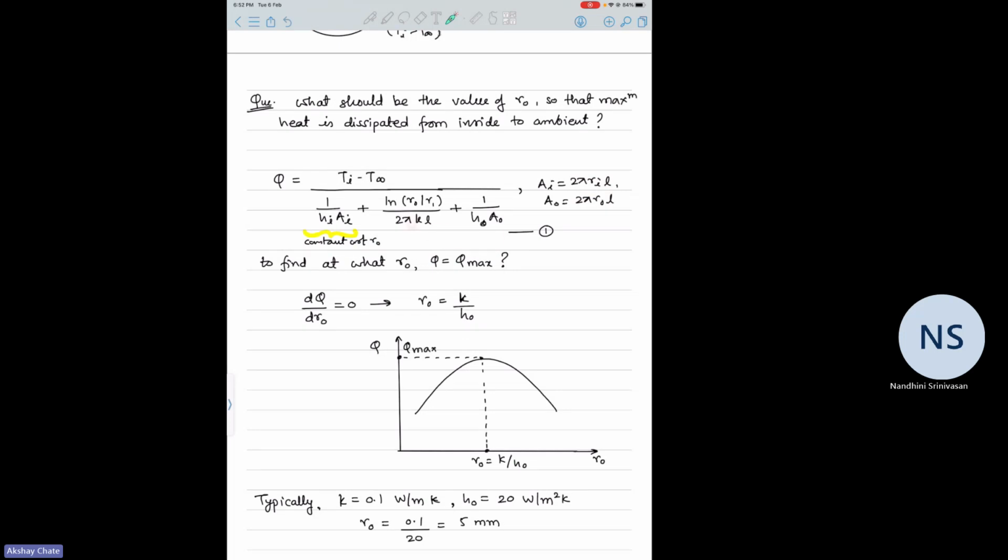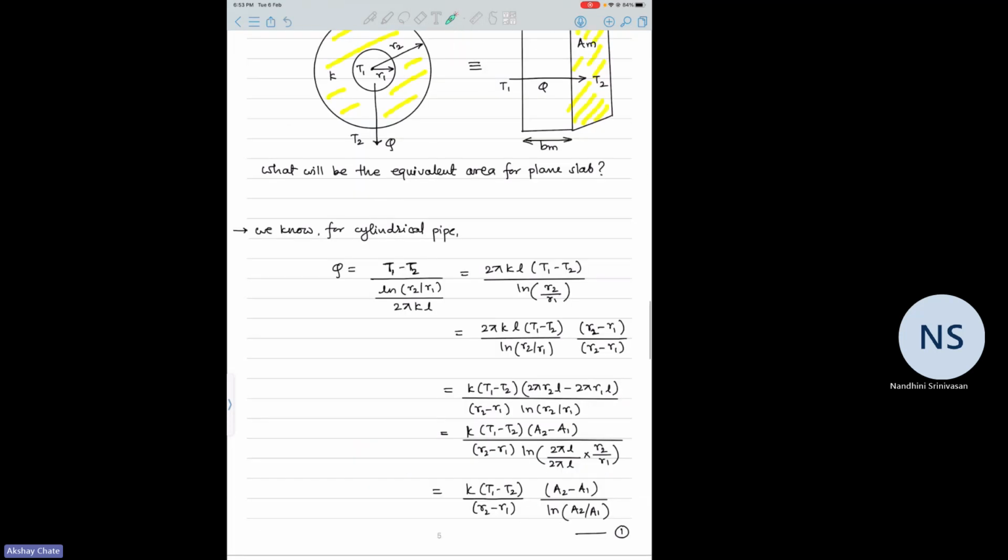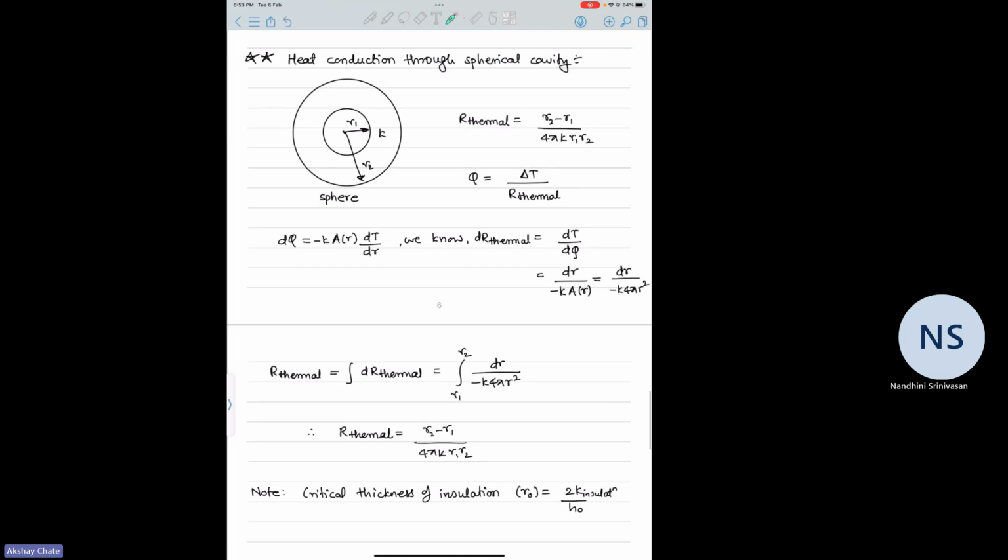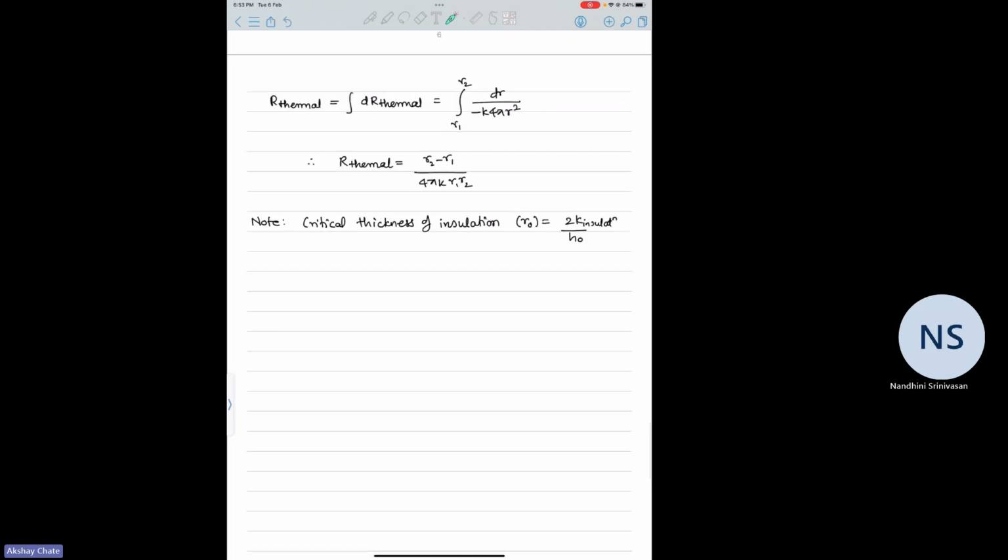So when you differentiate the denominator with respect to r0, here you get K by h0, and there you get 2. That 2 comes from the differentiation of the square term of area. So I hope you got my point. Therefore it is just twice, and good for us that we don't have to remember the formula.